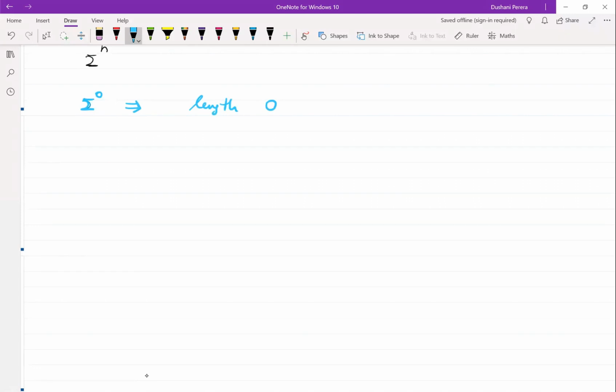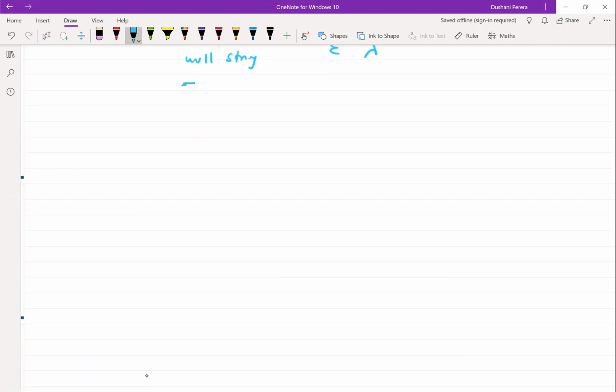The power is the length of the string, so this is length 0. This is what we call the null string, the smallest string that we can form. We can symbolize this using epsilon or even lambda. So sigma to the power of 0 is equal to the null string.